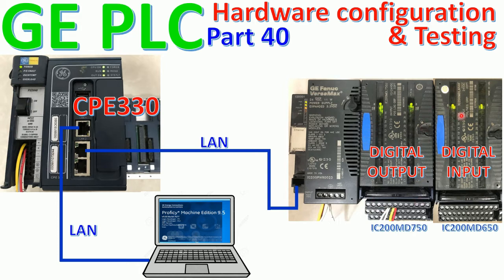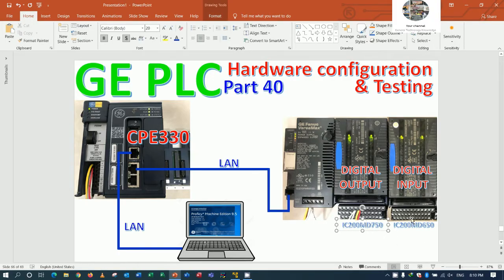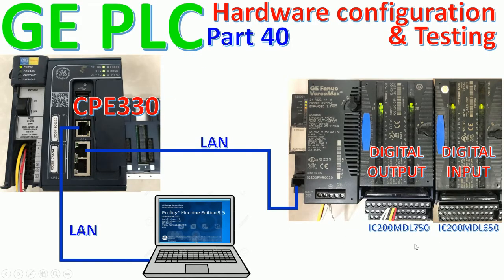Today we will add one more digital input card. Here is the serial number, MDL. IC200 MDL750 is the digital output module, and IC200 MDL650 is the digital input module.